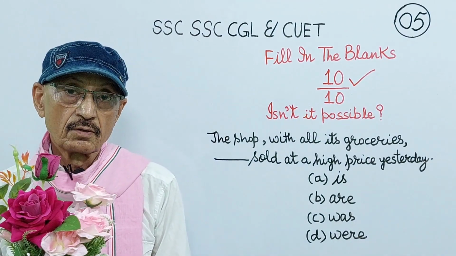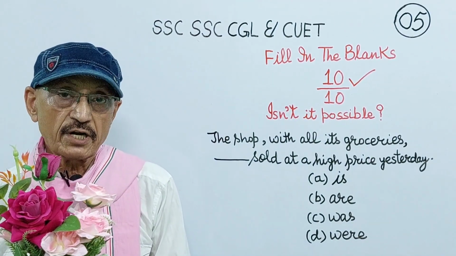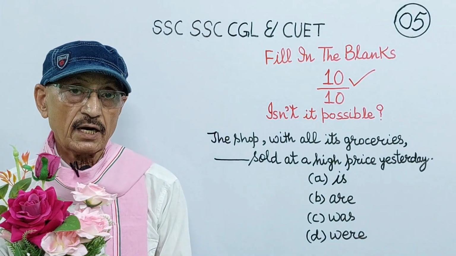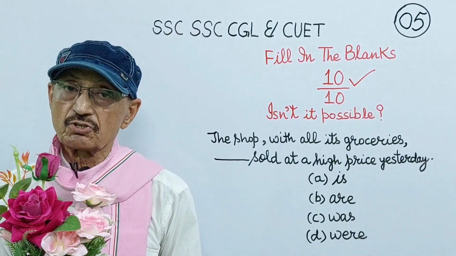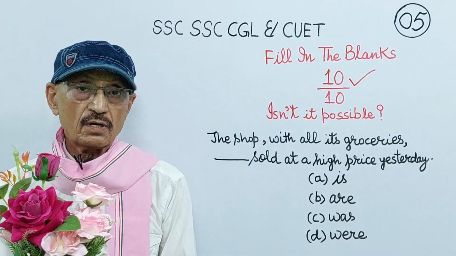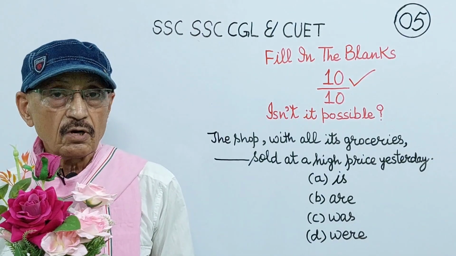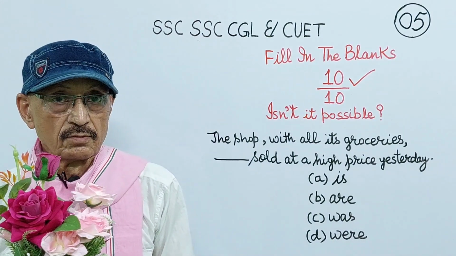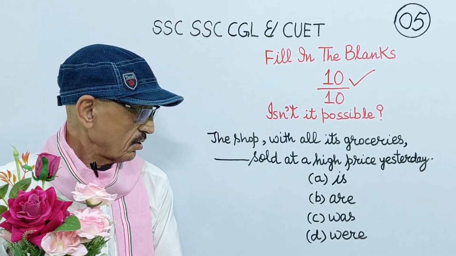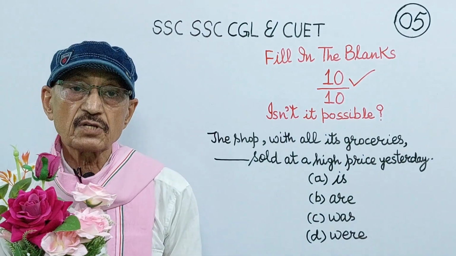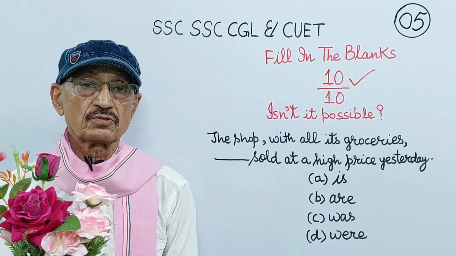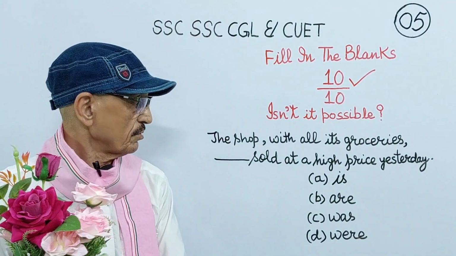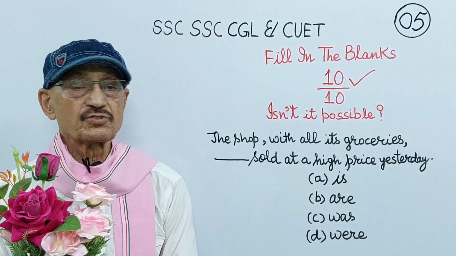The shop with all its groceries, blank space, sold at a high price yesterday. There is a group of 4 alternative helping verbs, or you can say auxiliaries: is, are, was, were. Now which helping verb will we take here that gives the sentence a correct meaning? The shop with all its groceries is sold at a high price yesterday.